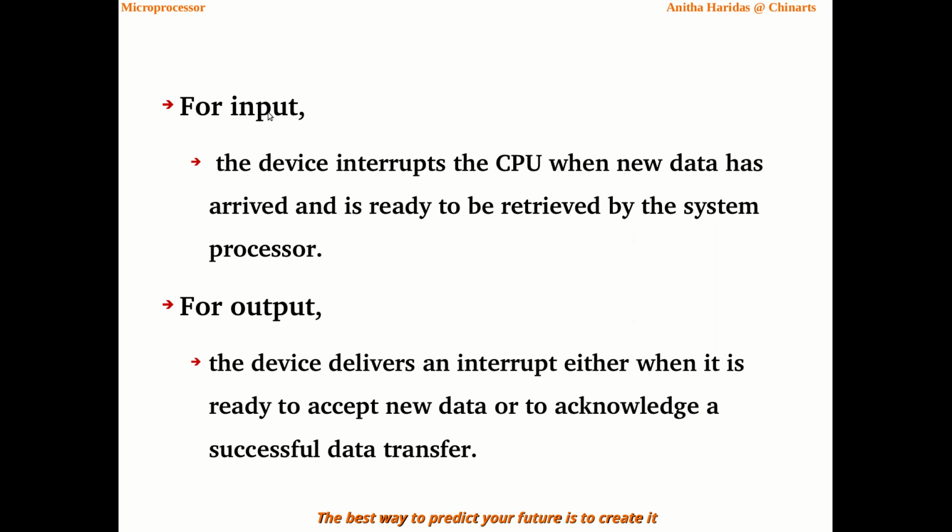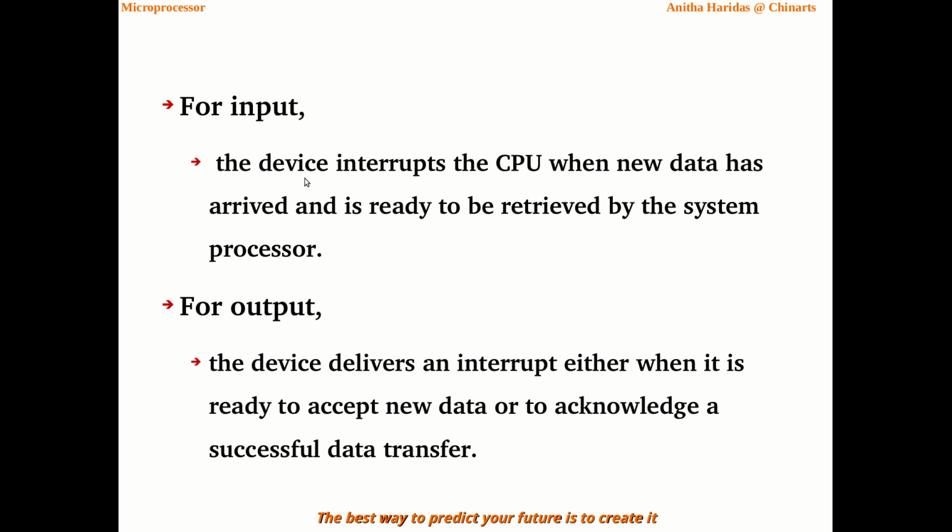Now if it is going to be the interrupt from the input, the device interrupts the CPU when new data has arrived and it is ready to be retrieved by the system processor. That means inside the data register, the key press value has been received.